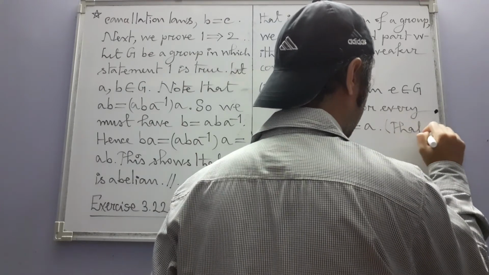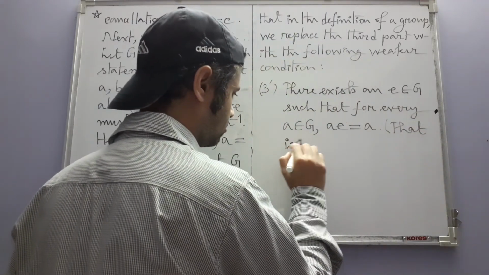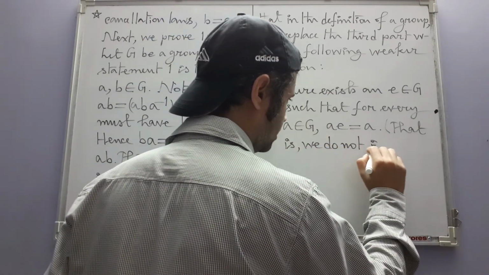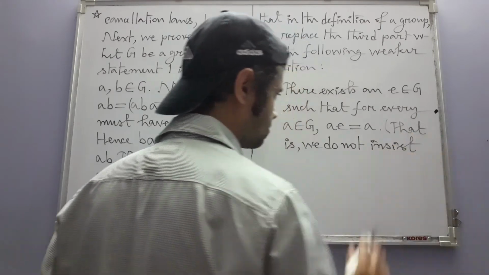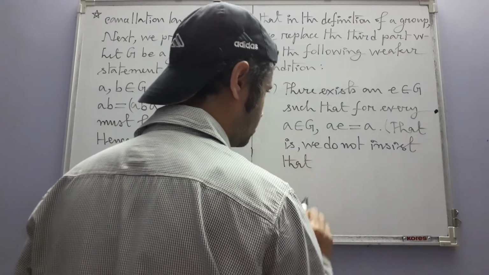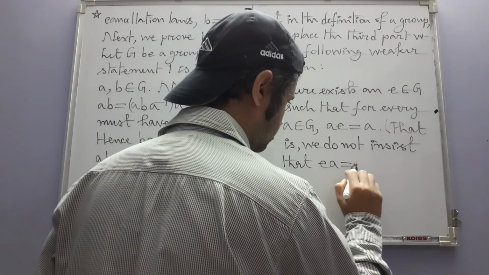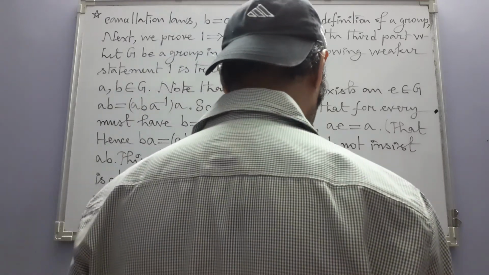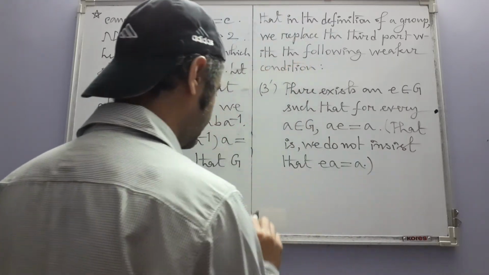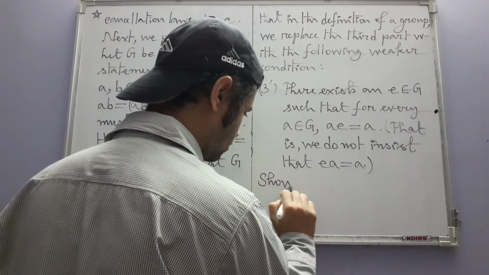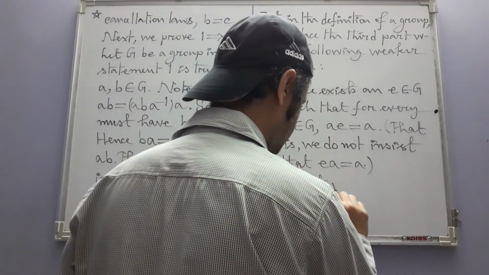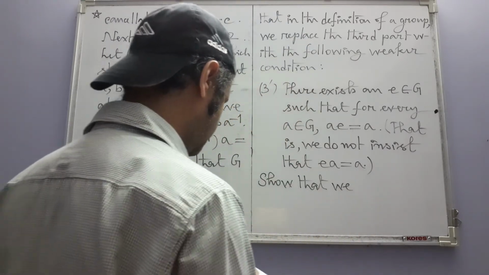That is, we do not insist that EA is equal to A. Show that with this modified definition, we still get a group.